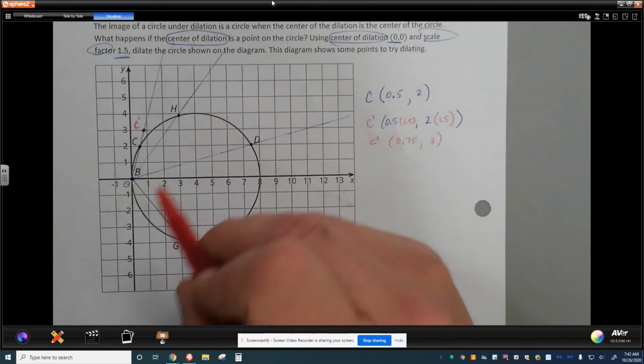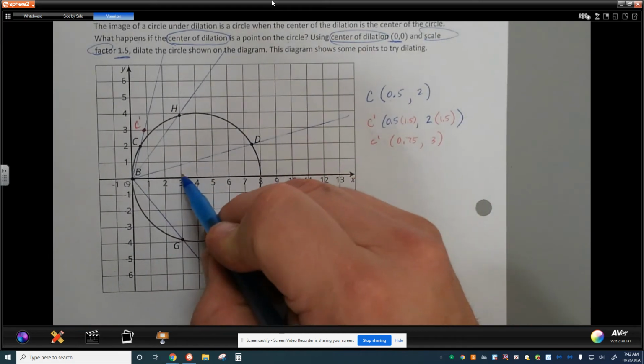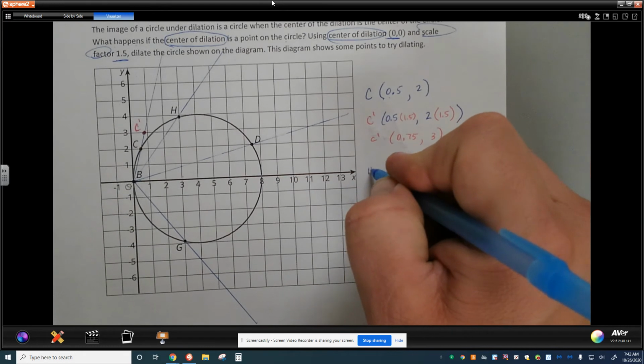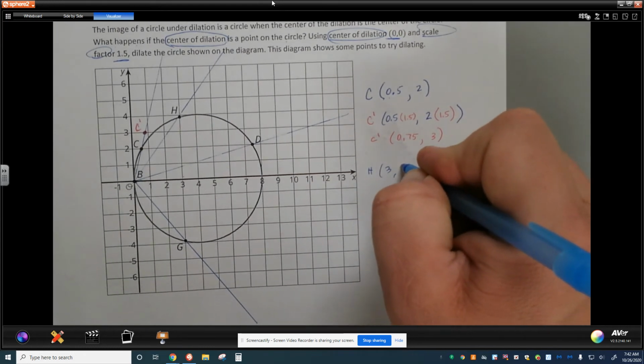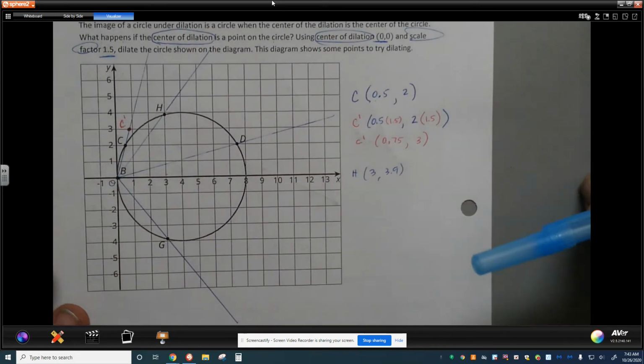Looking at this next one, point H, that one looks a little bit funny. That looks like it's at 3 and then just under 4. So I think that H is at 3 and about 3 9/10. It's not very friendly, but it's what we have to work with. So we'll do the same process then.